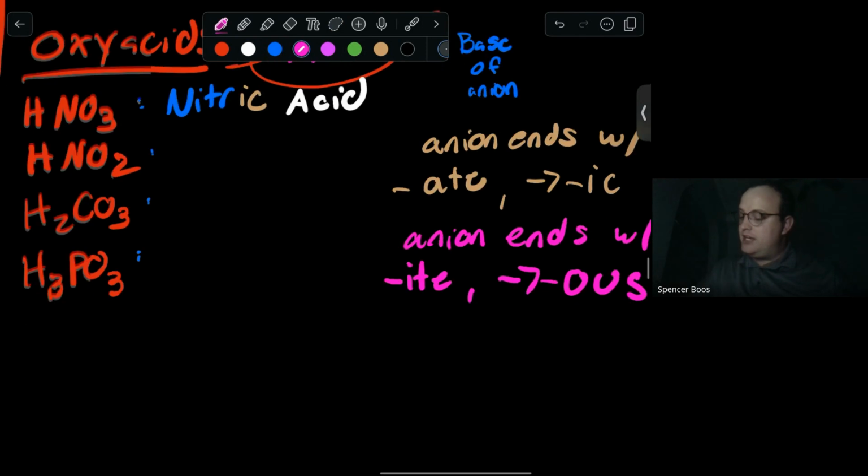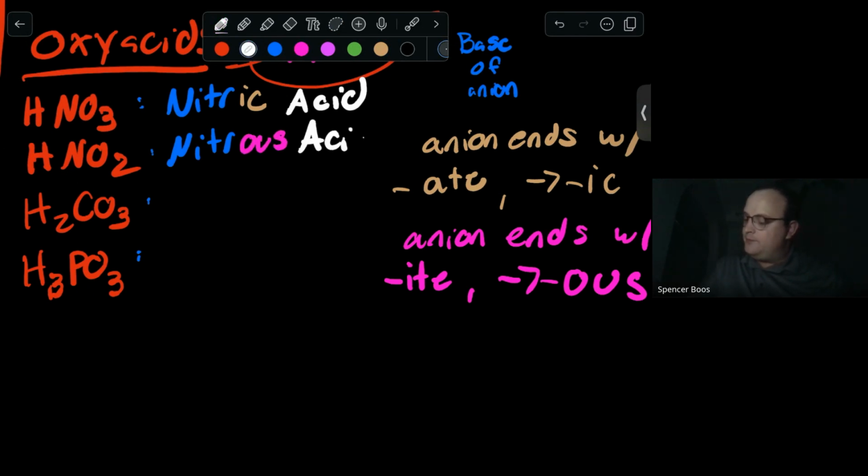So for HNO2, this is, of course, nitrite. So it would become nitrous acid.